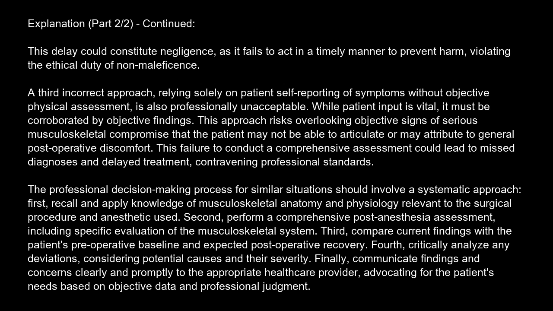Third, compare current findings with the patient's preoperative baseline and expected postoperative recovery. Fourth, critically analyze any deviations, considering potential causes and their severity. Finally, communicate findings and concerns clearly and promptly to the appropriate healthcare provider, advocating for the patient's needs based on objective data and professional judgment.